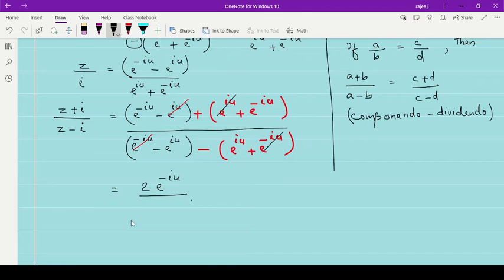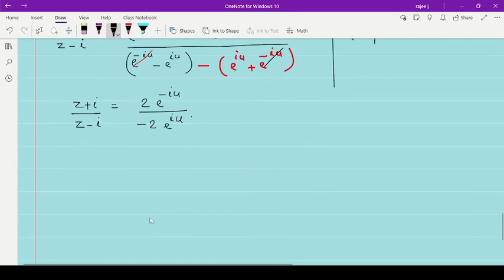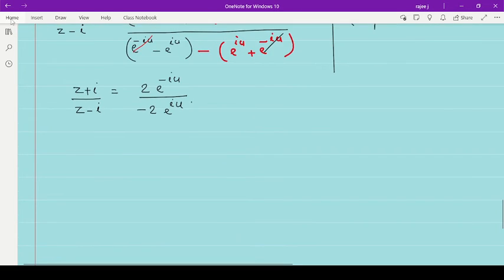So in the denominator you will have minus 2 e raised to iu. Okay, so that is z plus I upon z minus I. Now the 2 gets cancelled. So you will get z plus I divided by z minus I is equal to 2 and 2 cancel.